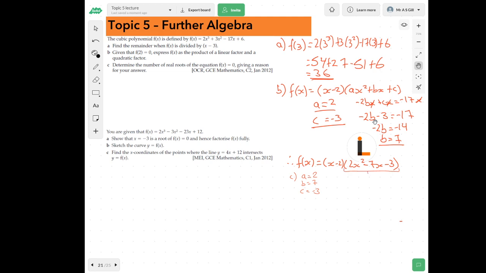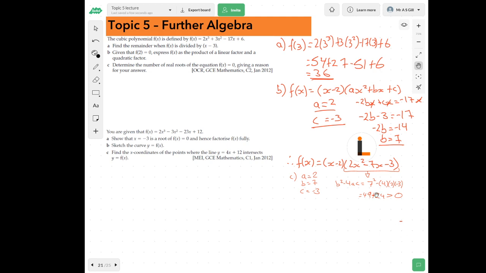And part C, remember, we're just taking the discriminant of this quadratic. So this is clearly going to be greater than 0, right? 49 plus 24 is going to be greater than 0. And it's not asking us to find the roots, it's just saying determine the number of real roots.